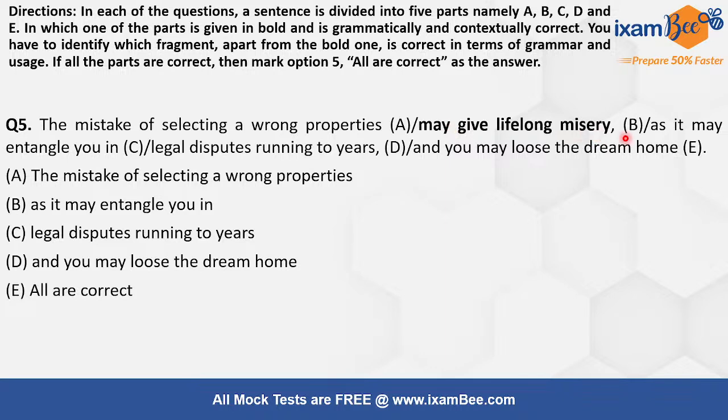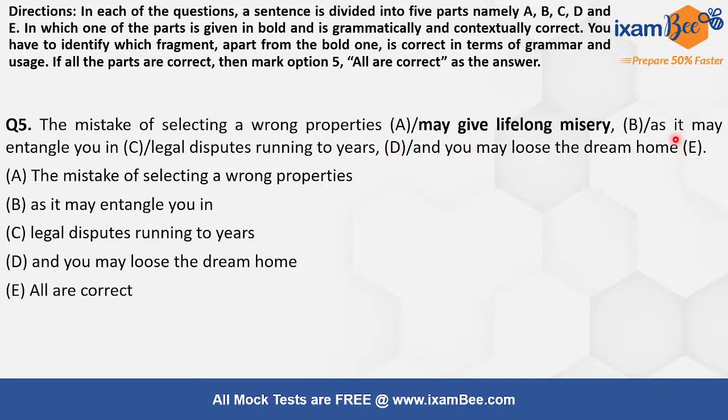Now may give lifelong misery as it may entangle you in legal disputes running 2 years, through years, okay, or running over the years, right? So D is also incorrect, and you may lose the dream home, right?